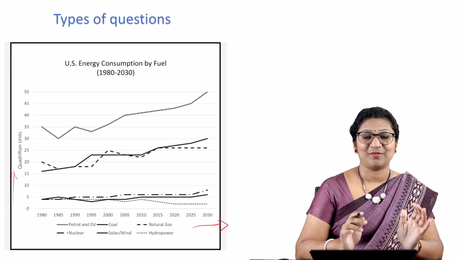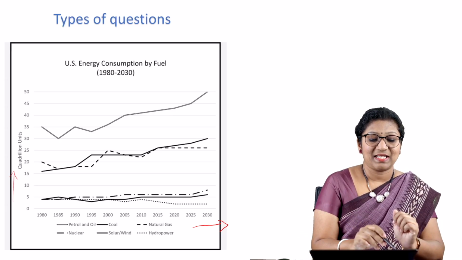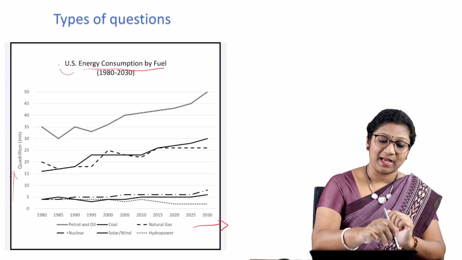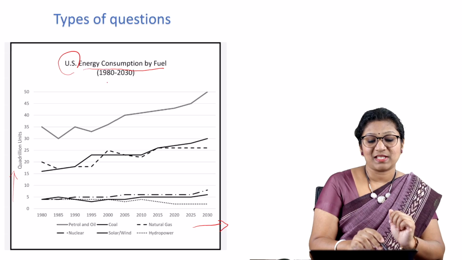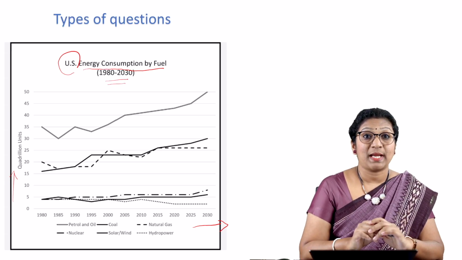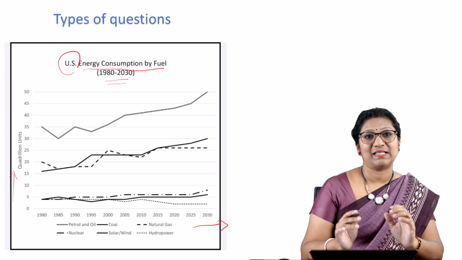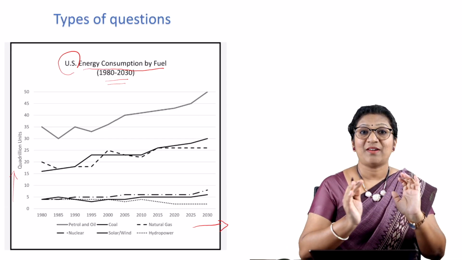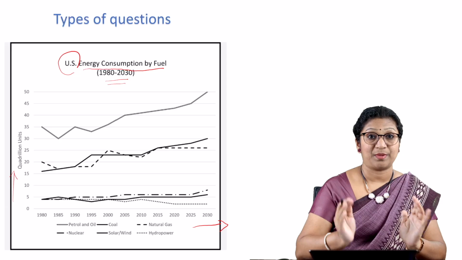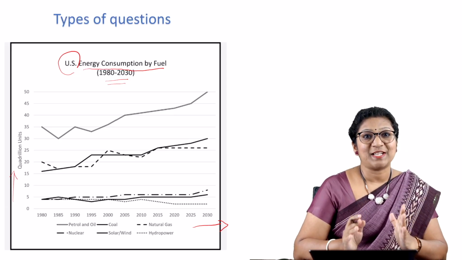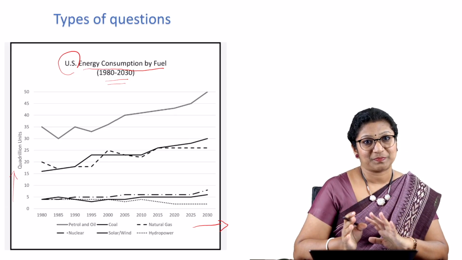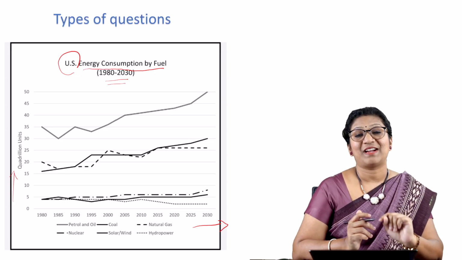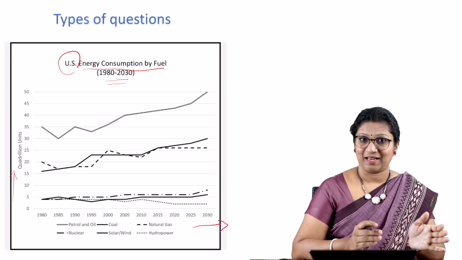And the title of the graph tells us that it depicts energy consumption by fuel in the US, and the time frame is 1980 to 2030, which also means that this is a projected graph. So you have data for the past, you have data for the present, and you also have data for the future. So one possible type of question where you need to identify the trend is a line graph.